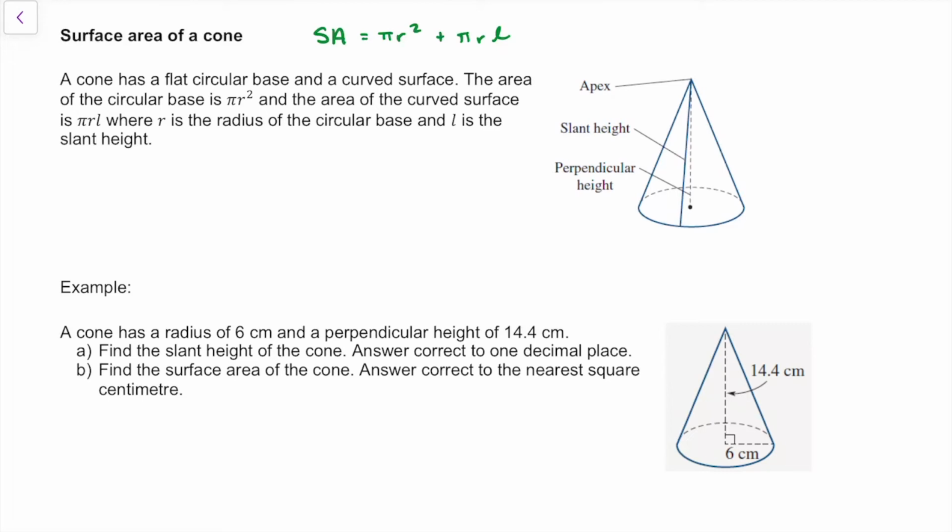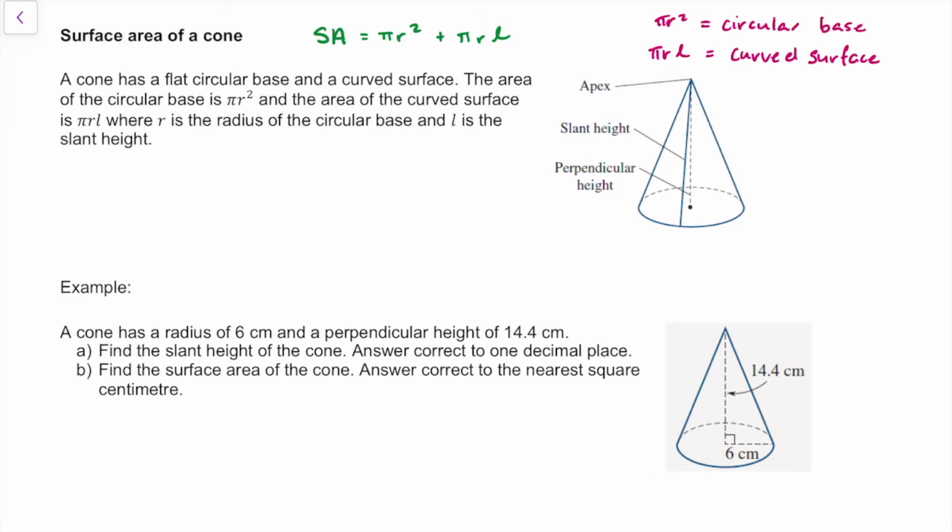So we have pi r squared, which is the circular base, and then we have pi rl, which is our curved surface. Okay, so that's the two bits that we need to worry about there, and you can see where we've gotten all that information from.